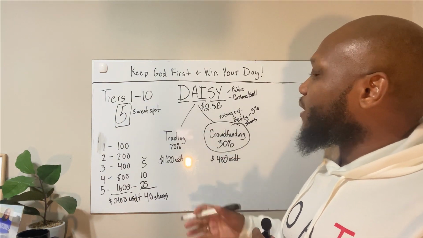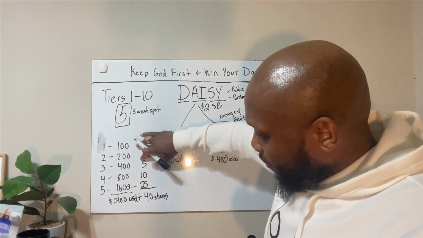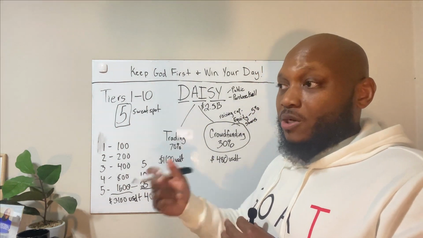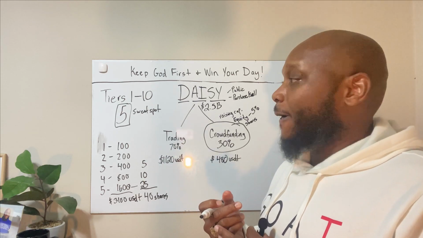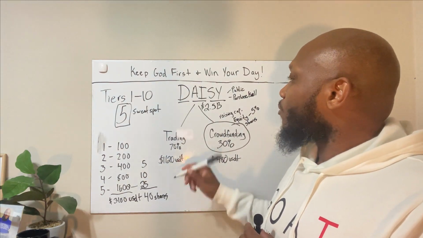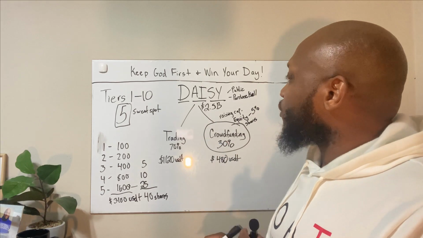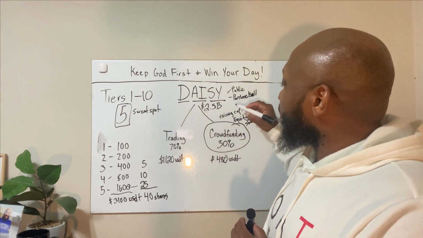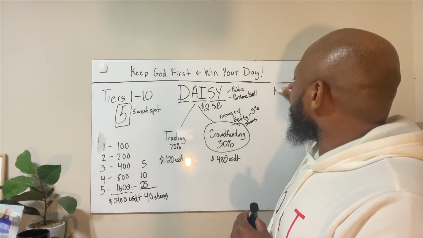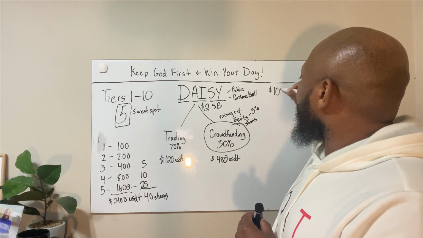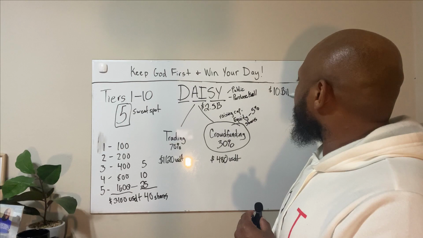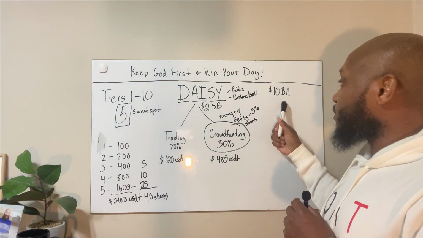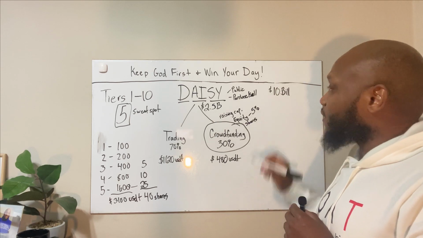So let's just project, and Daisy is getting better with its performance, and of course, they're constantly improving and working on things. Okay. So let's just say, for illustration purposes, Daisy has a valuation of $10 billion when they go public or someone decides to purchase them for 10 billion.